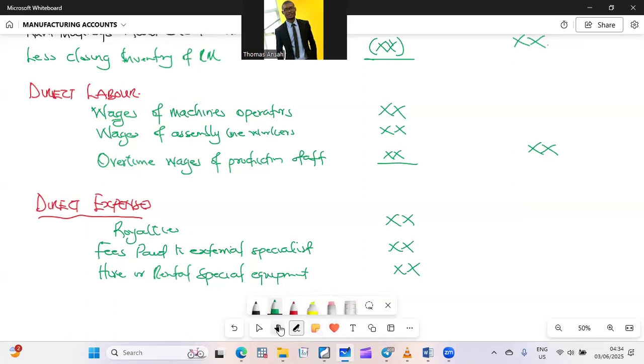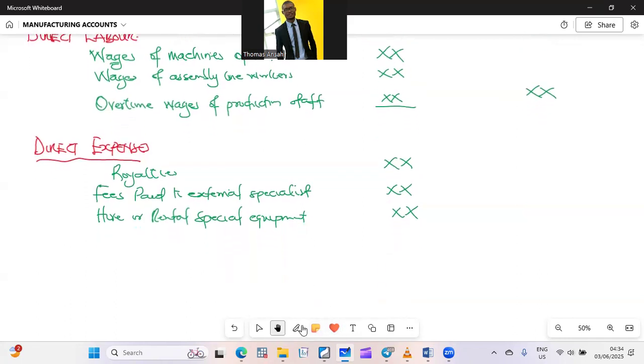All right. You can also see in your exams what we call subcontracting cost. When you see all those things, add it. All right. Like license or certification fee, you can add it. Okay. Or power or fuel cost for running specific production machine. Right. When you see a specific machine, you can add it.